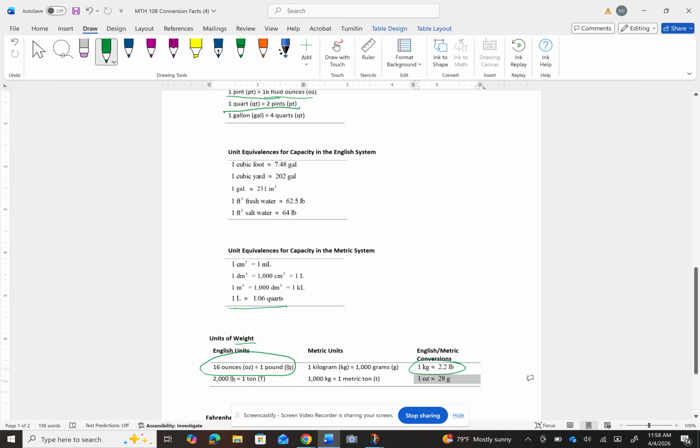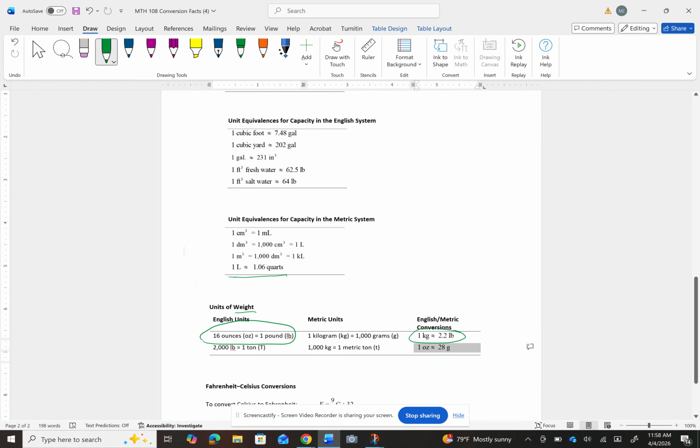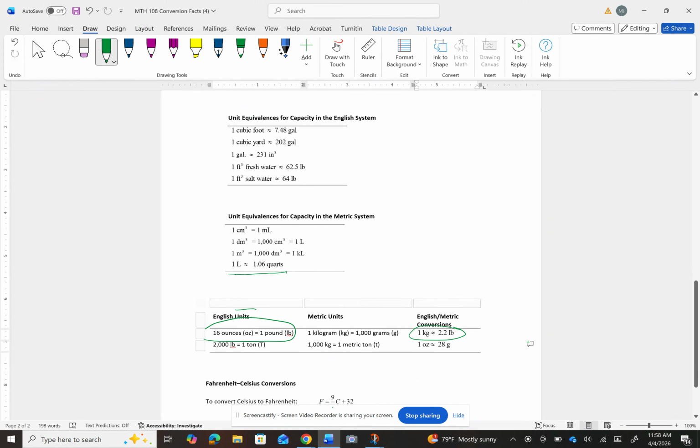So weight. Excuse me. So I only see this one fact that involves the weight of the water. So I'm going to need to use it to get pounds, but that means instead of gallons, I'm going to need cubic feet. So let me see.